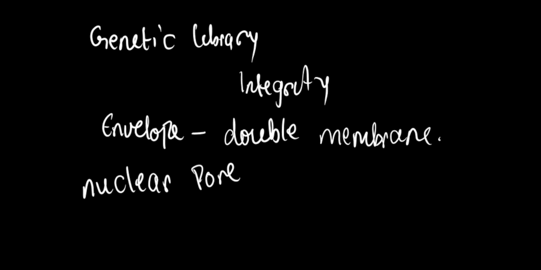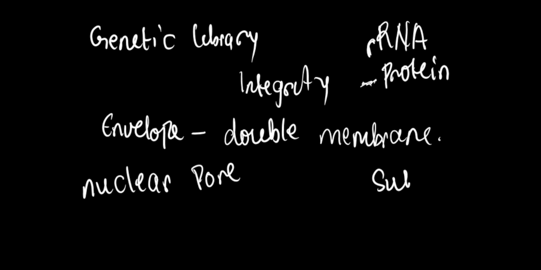When we were discussing the ribosomes in our very first video on cells, we discussed that ribosomes are more or less macromolecules. They have rRNA, ribosomal RNA, that is complexed with protein. Now the protein that forms part of the ribosome is imported into the nucleus, then it combines with the ribosomal RNA, and then it's exported in the form of subunits to become the ribosomes.